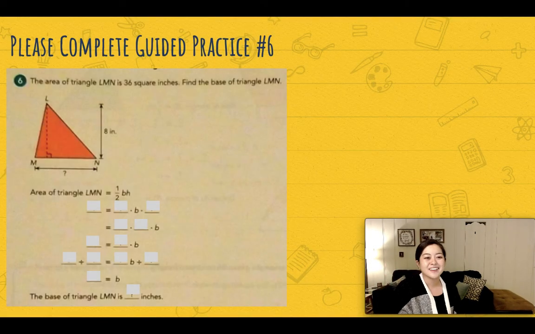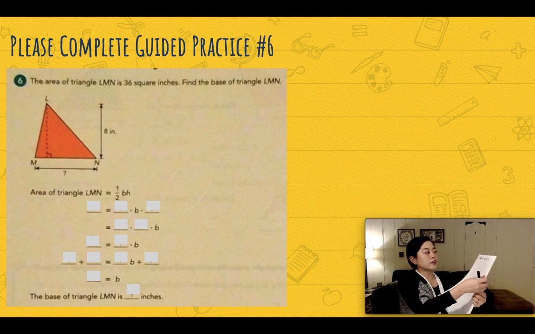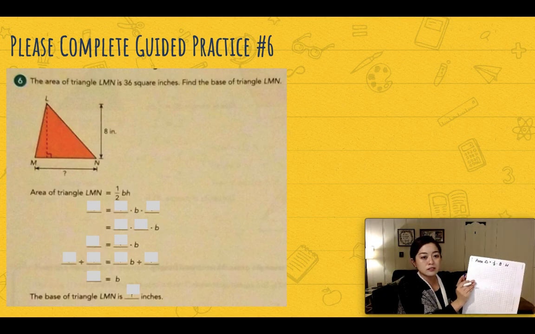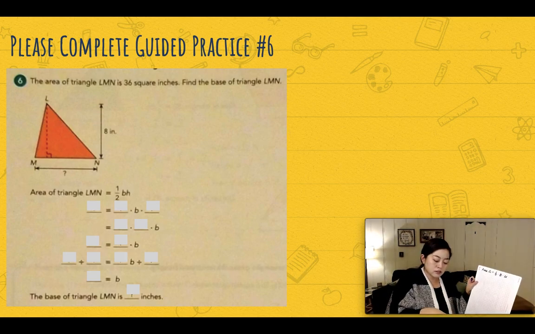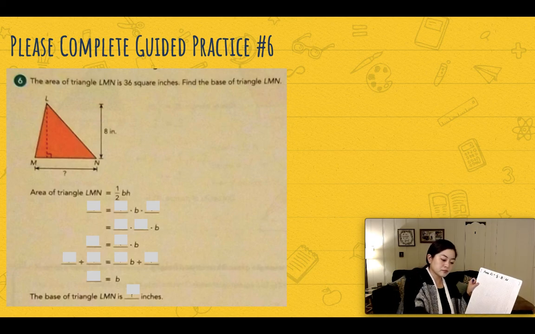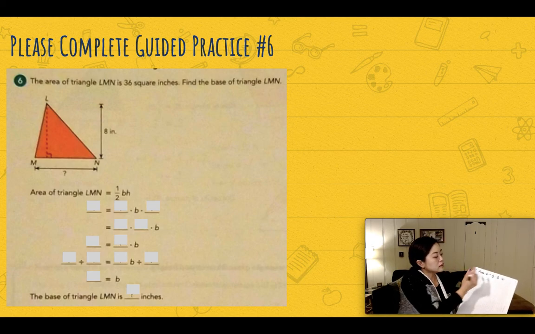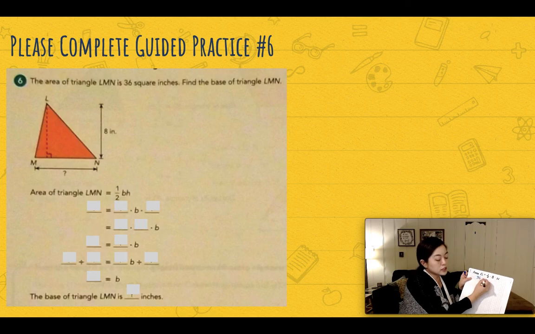Hey again. All right, so we're gonna find the base of triangle LMN, and they give us that the area, okay, which is 36 square inches. Okay, so 36 square inches, and we don't know the base, but we know the height.